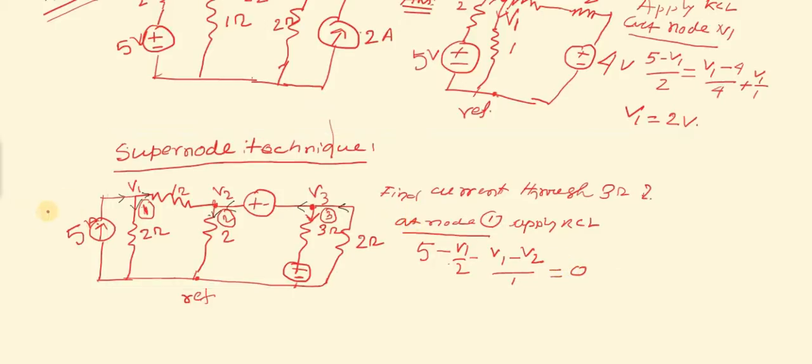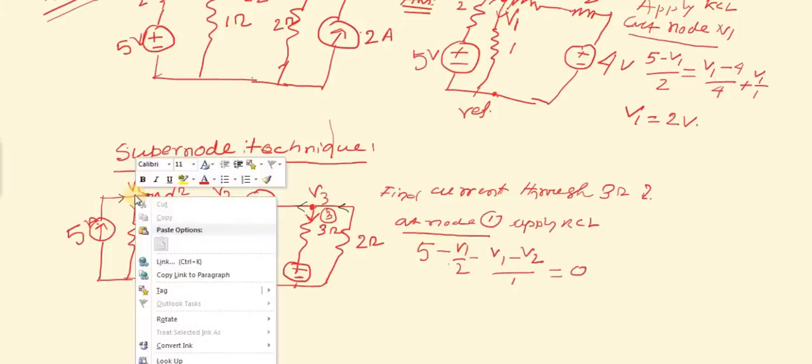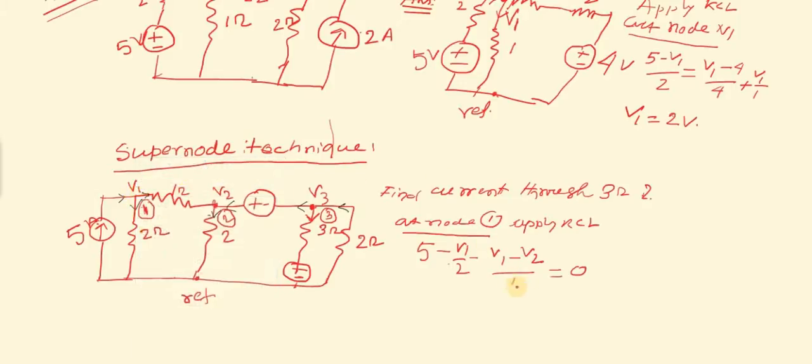So we have written the equation at node 1. Now simplify this equation and it will be 3V1 minus 2V2.